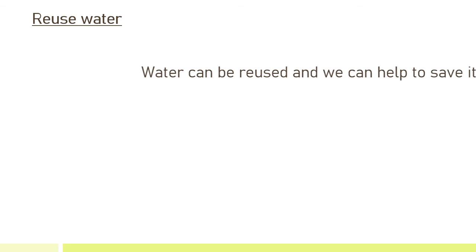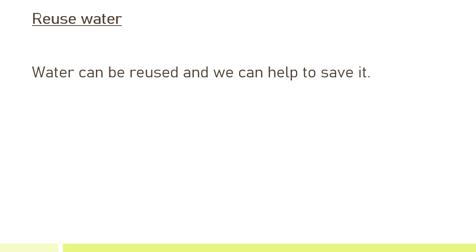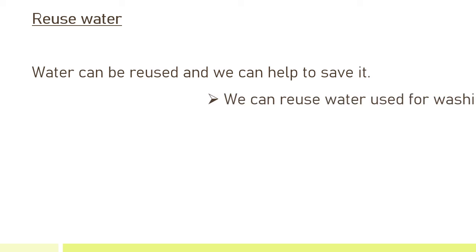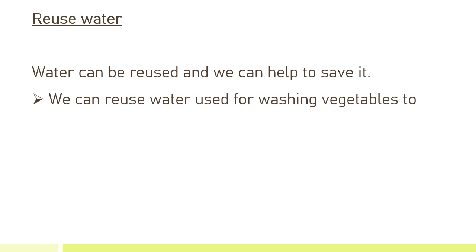Here are some examples. Firstly, water can be reused and we can help to save it. We can reuse water used for washing vegetables to water plants.